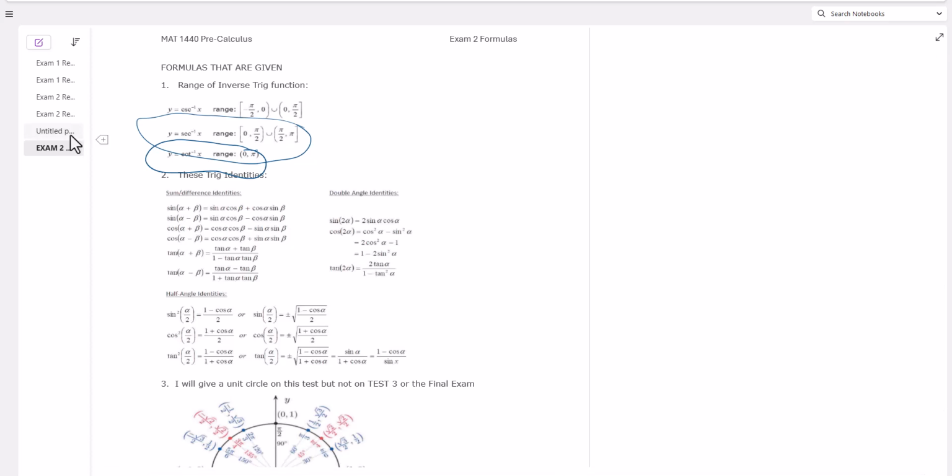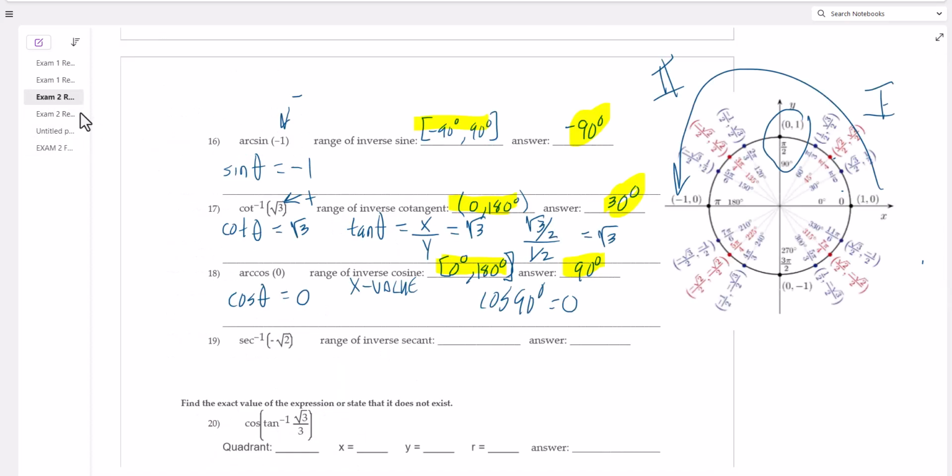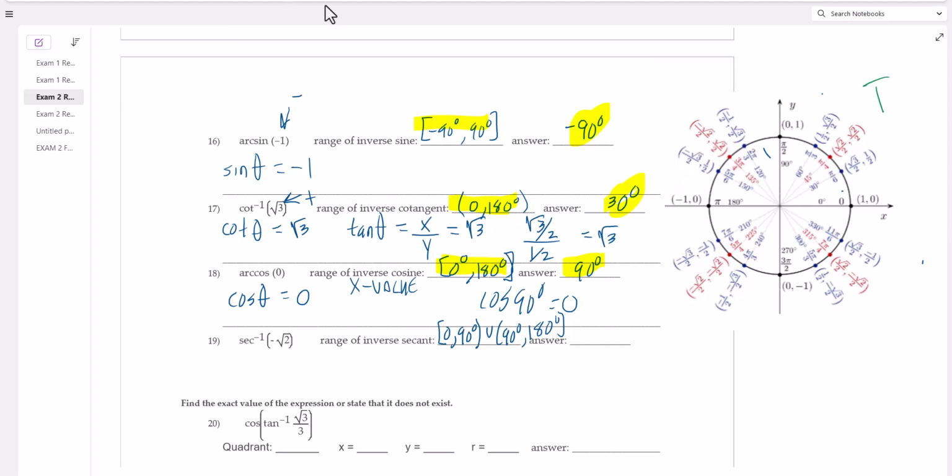For the range, you would say 0 to 90, but exclude the 90, because the secant is undefined at 90 degrees, and then 90 degrees to 180 degrees. Okay? So just like the last problem, you need to be in either quadrant 1 or quadrant 2 because it's an inverse secant. Since this is negative, that's going to force you to be in quadrant 2.